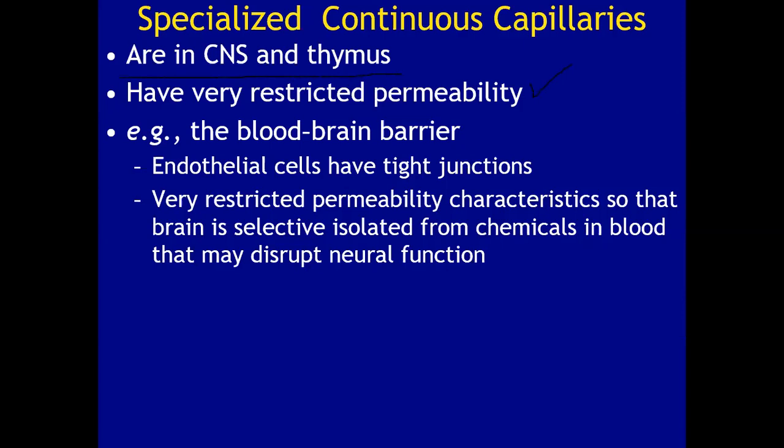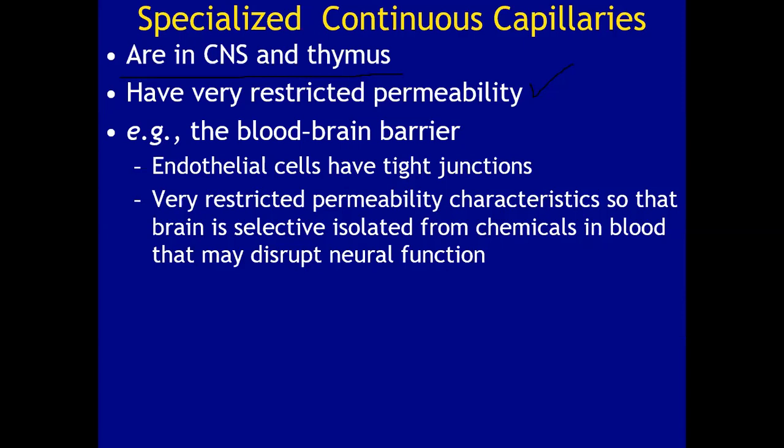Remember you had to go through those astrocytes, that big boundary of astrocytes. So we've got these cells that are going to have much tighter junctions here, and it's going to restrict what we're going to allow across. So it's going to be even more restrictive than the regular old continuous capillary.